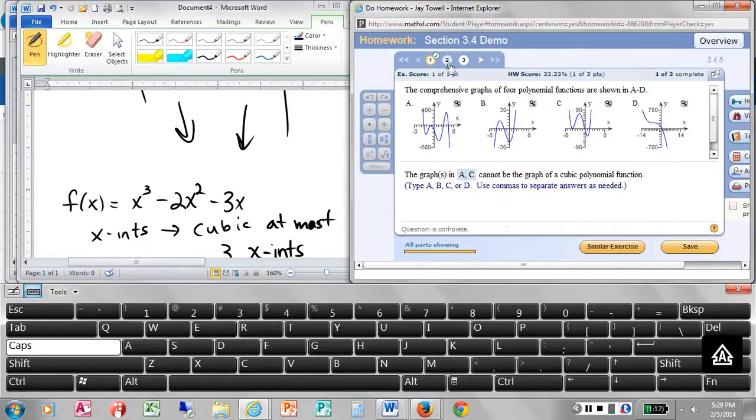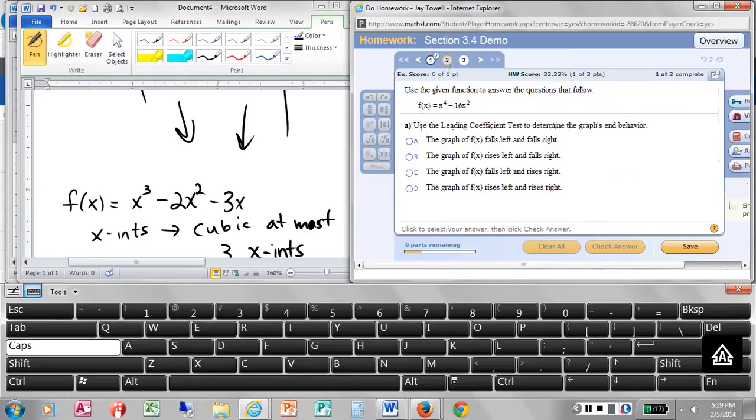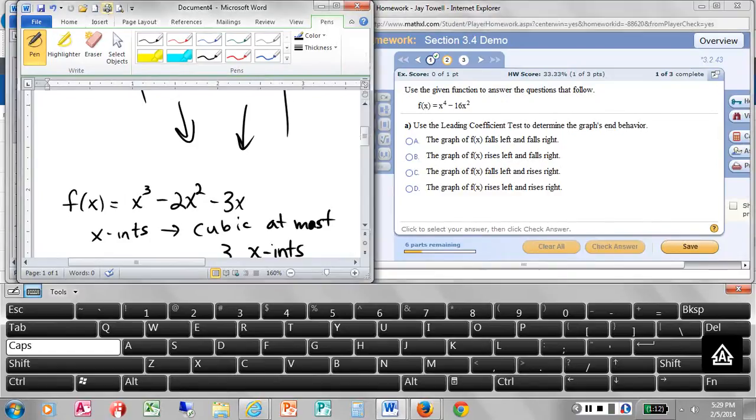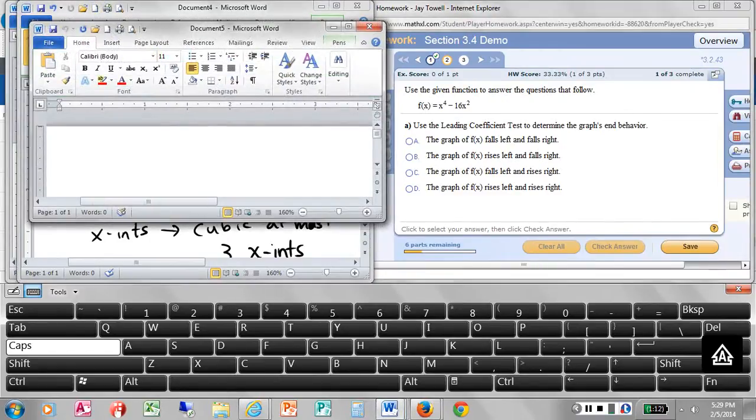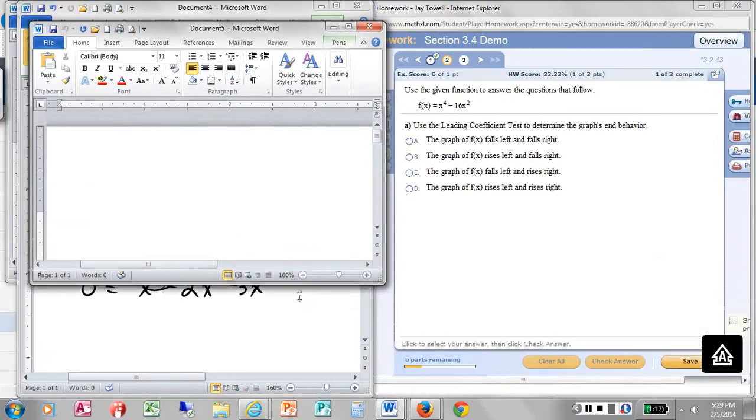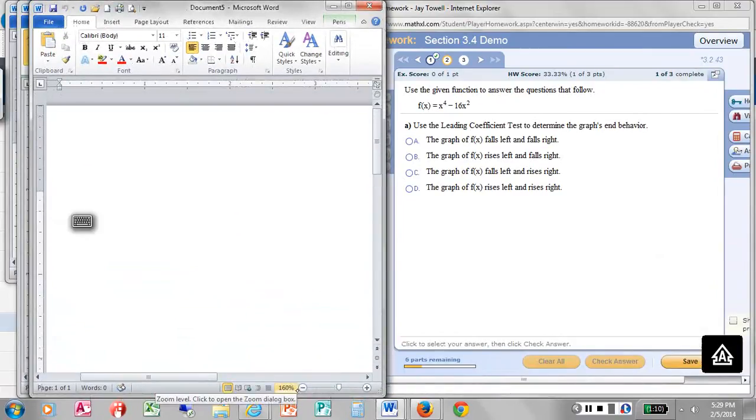All right, number 2. Use the given function to answer the questions that follow. F of x equals x to the fourth minus 16x squared. Use the leading coefficient test to determine the graph's end behavior.